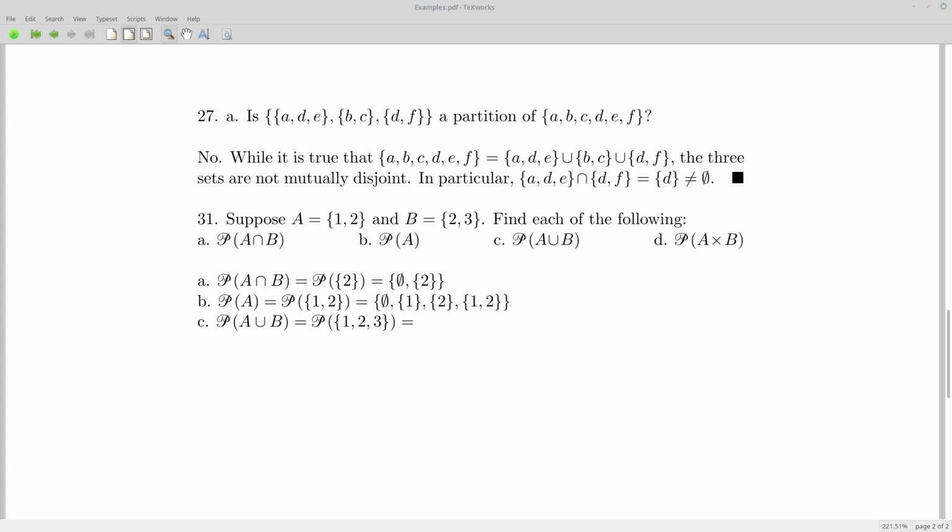So once again, we'll start with the empty set, and then we're going to add our singletons. So there's 1 and 2, and finally 3. Maybe. I think I have a little error here. Let's have a look.